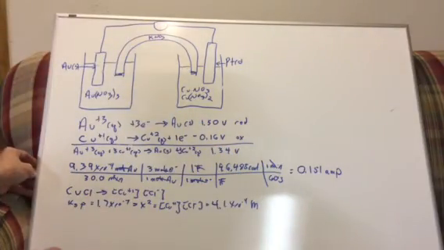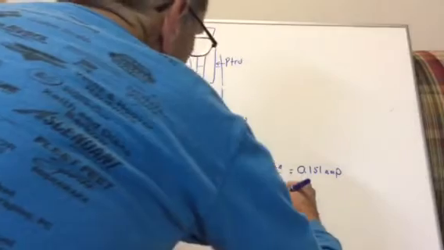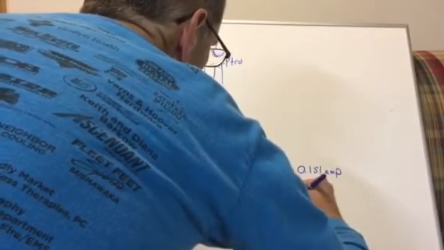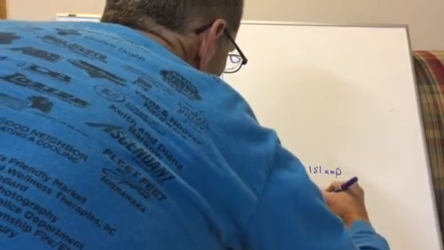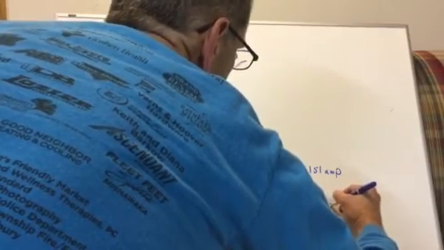And we're told the solubility of the other one was 5.2. This is less than 5.2. So CuCl is the precipitate.